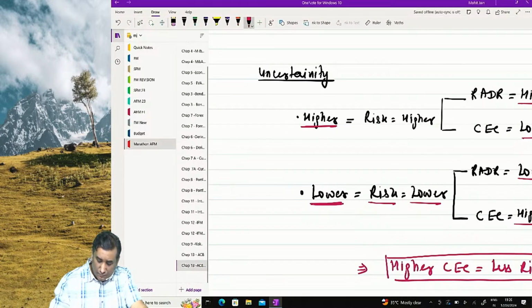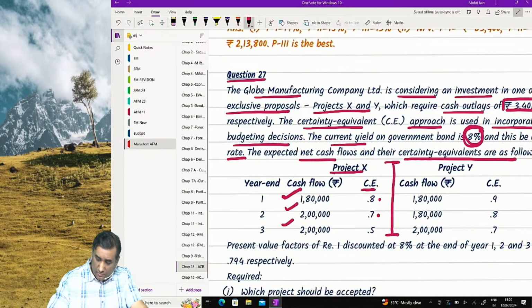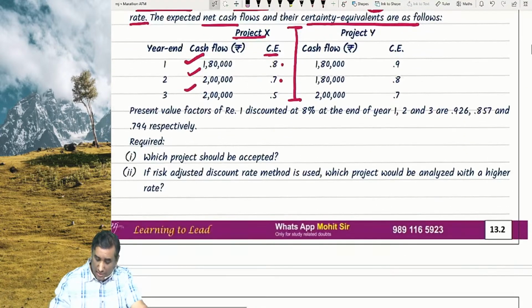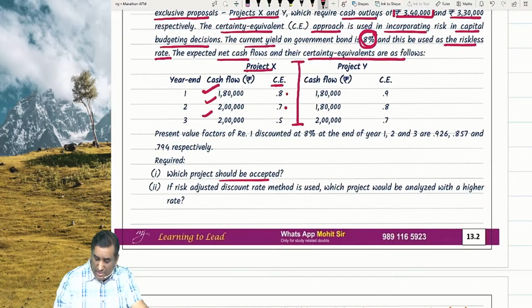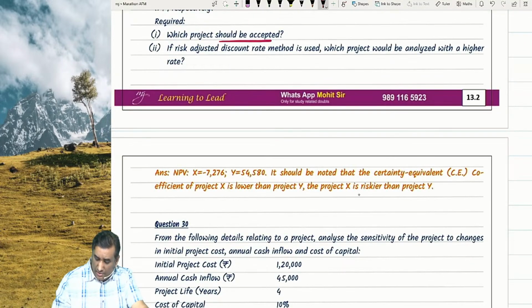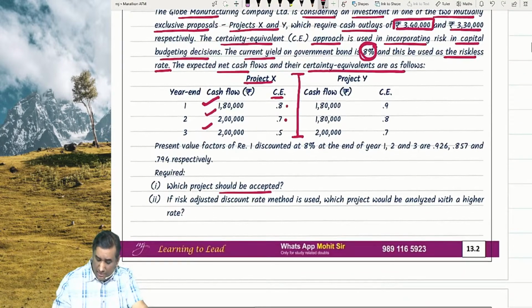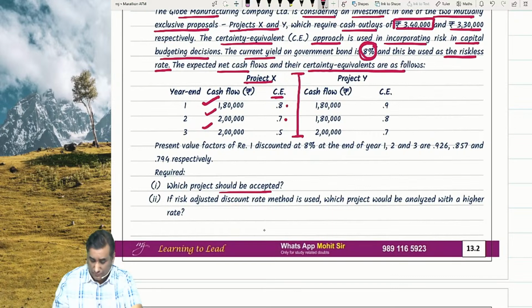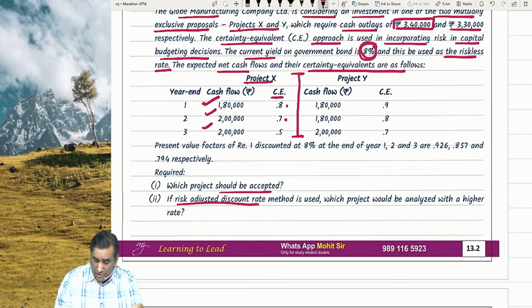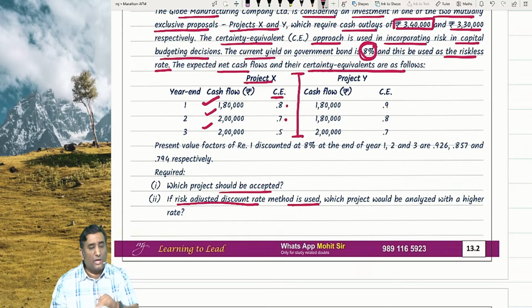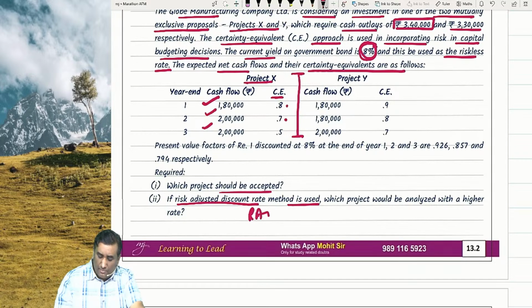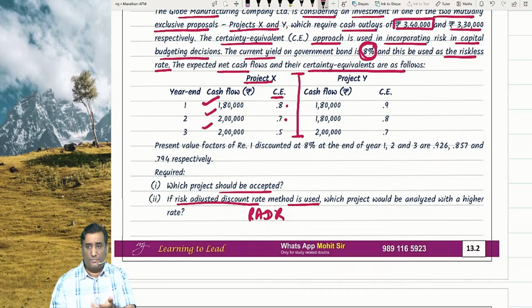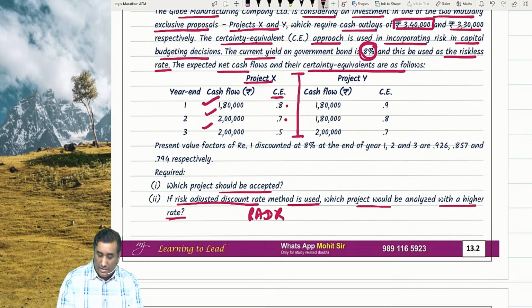The third part, what he is asking here. It says which project should be selected. I think the answer you would have given, whatever came. Why? And then he says if the risk adjusted discount rate method is used, it is not a calculation he is asking. He says if by chance you would have done the above by RADR. Sir, how would I apply RADR? You apply risky rate to risky cash flows. Which project would be analyzed with a higher rate?